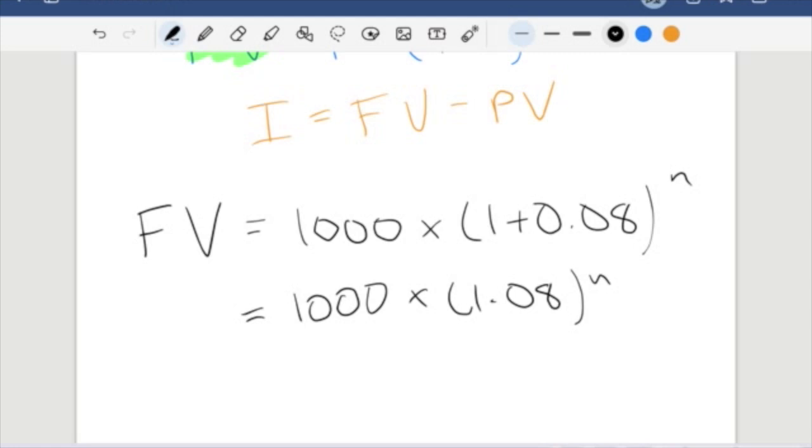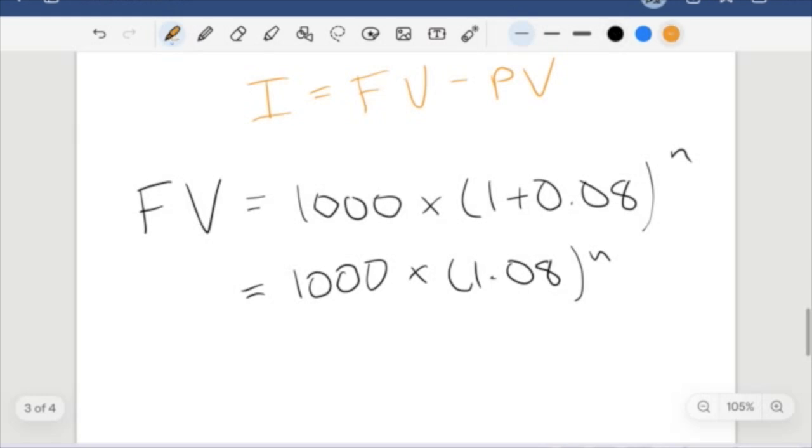Okay, so we're halfway there. We've come up with an expression for the future value. That thing we can just put in place of the future value here. That's the connection between our future value formula and our interest formula when compound interest is required.